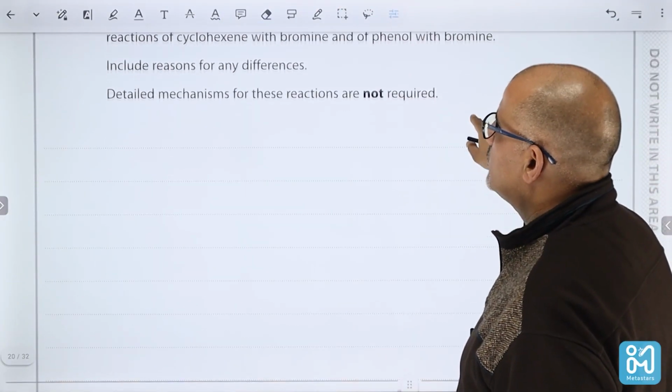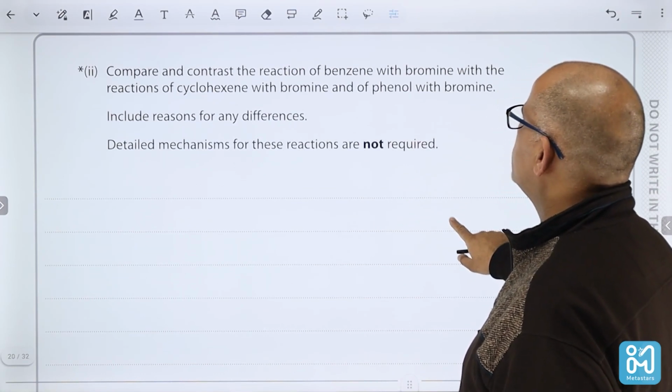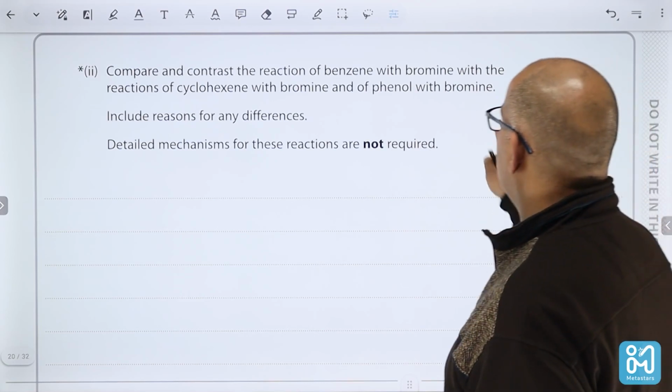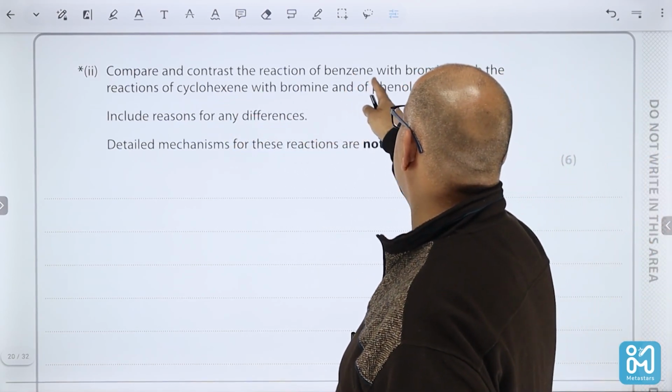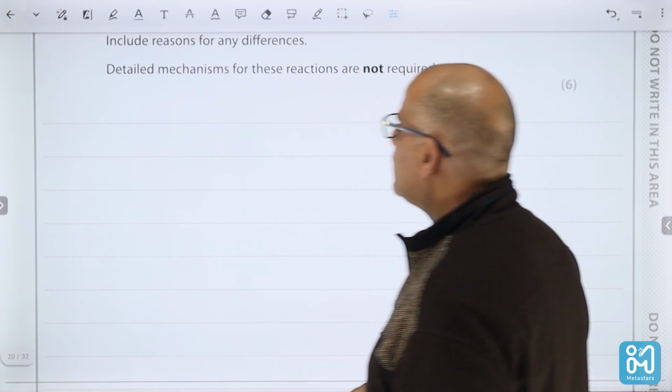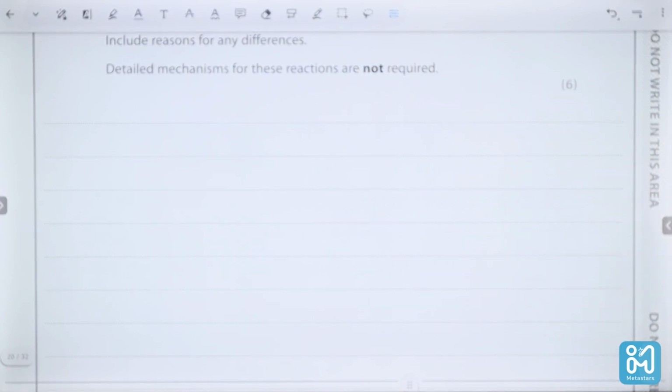The first idea is that he wants you to compare and contrast the reaction of benzene with bromine, phenol, and cyclohexene. Now we can start with the cyclohexene.